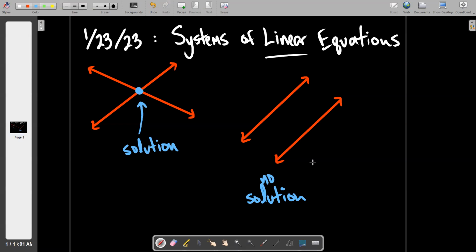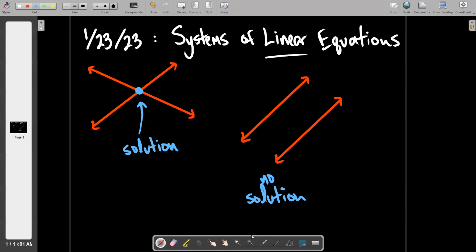Thank you, Mari. So what can happen is you can look at two equations and they might be the same line.